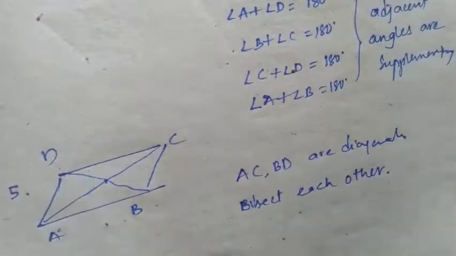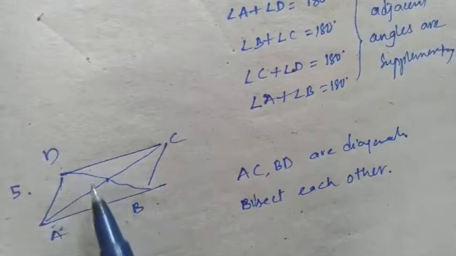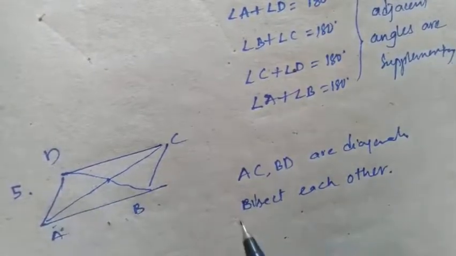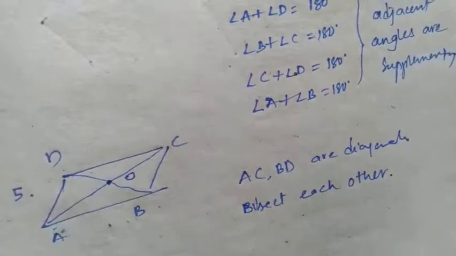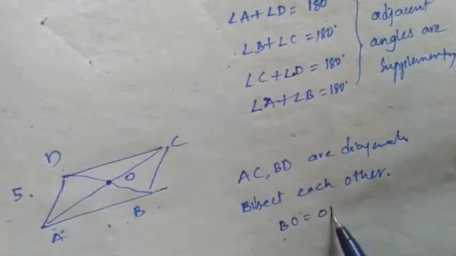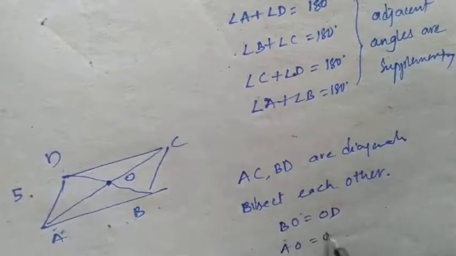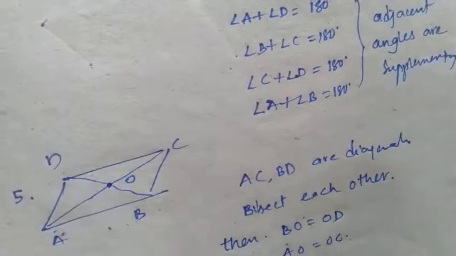That means AC will cut BD into two parts and BD will cut AC into two parts. Suppose you have taken this O, then BO is equal to OD, AO is equal to OC. Okay, they divide each other into two equal parts.